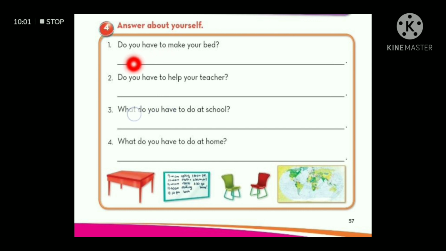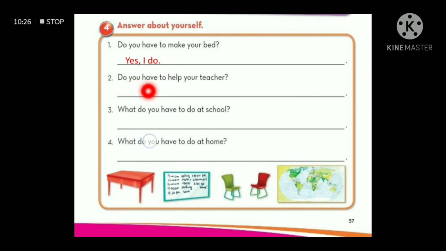It's yes or no question. It started with do. So الجواب رح يكون yes or no. Let's see. Do you have to make your bed? Yes, I do. Make your bed بمعنى يرتب سريره. So, do you have to make your bed? Yes, I do. Let's move to question 2.